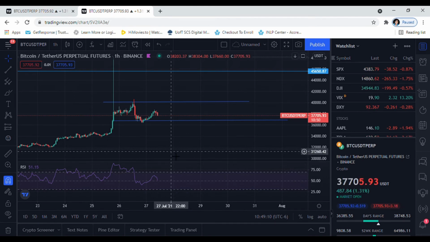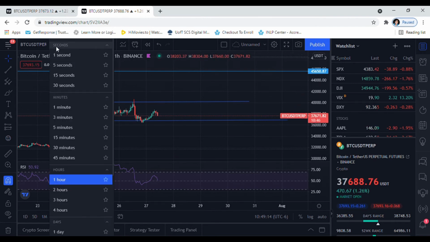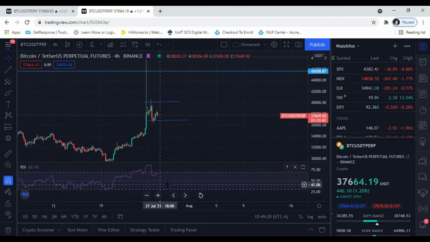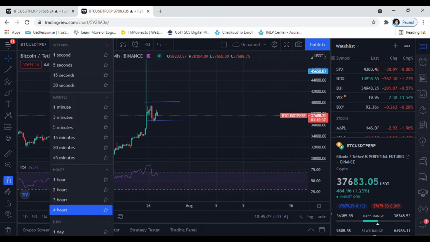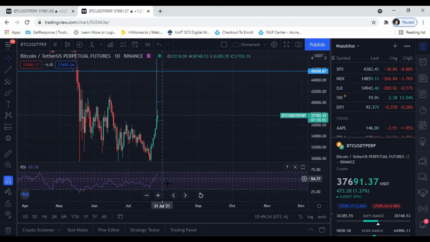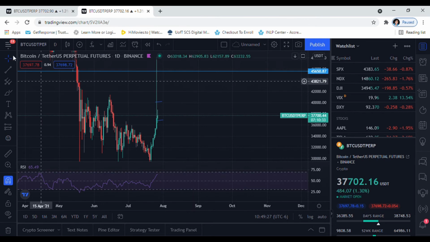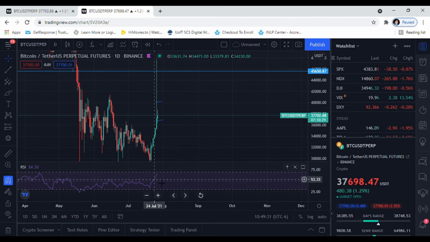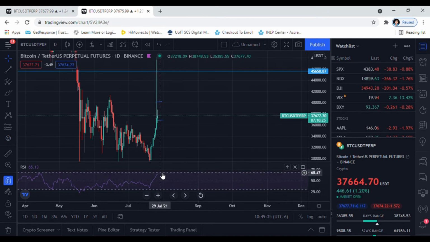Depending on what time frame you're using, because it's different for every time frame. For the 1 hour, you can see it's right here. For the 4 hour, it is at the top. And for the 1 day, it is also reaching the top. Obviously, if you're using it on the longer time frame, it's more accurate, I would say.